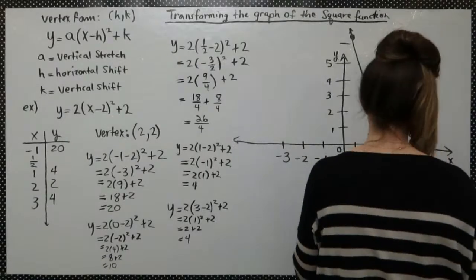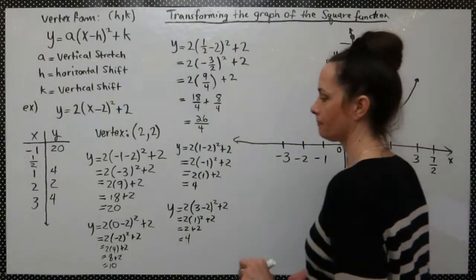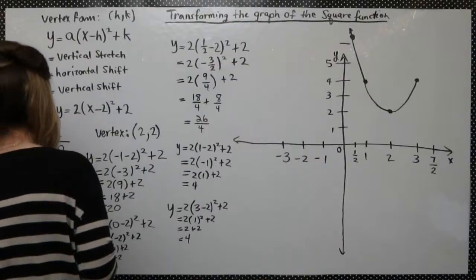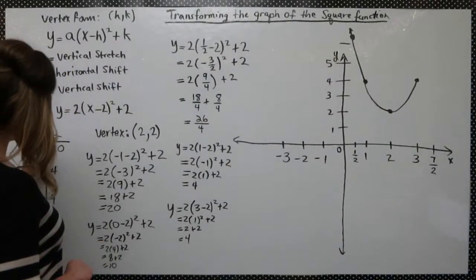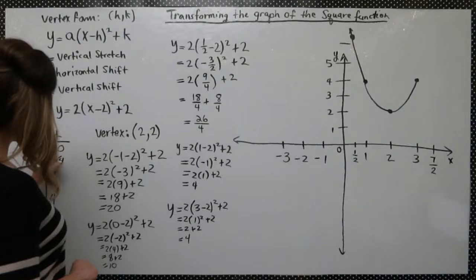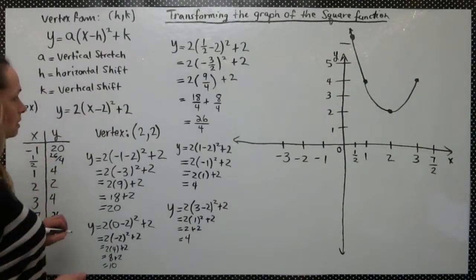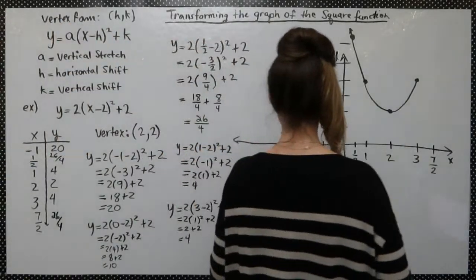Yeah, 7/2. And at 7/2, you should still get 26/4. You'll get 26/4. And we can verify that real quick just for fun.